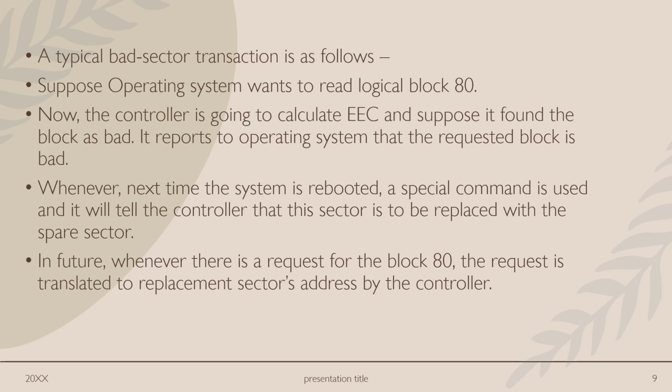Example of sector slipping. Suppose that logical block 16 becomes defective and the first available spare sector follows sector 200. Sector slipping then starts remapping all the sectors from 16 to 200, moving them all down one spot.